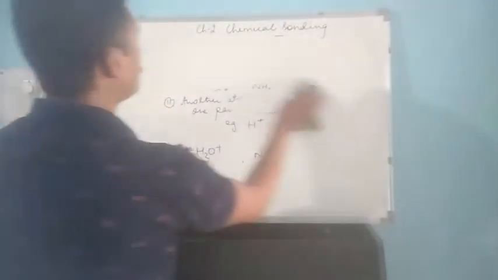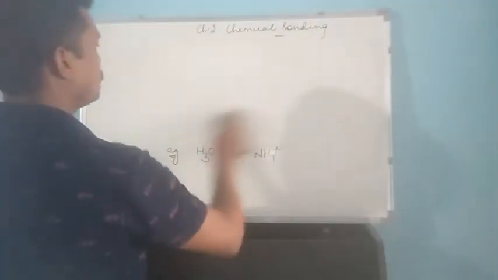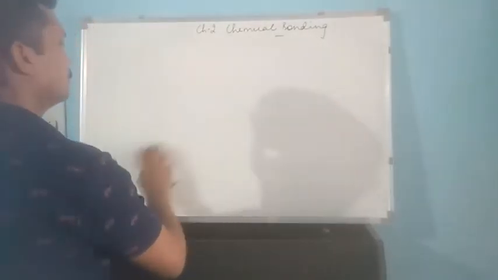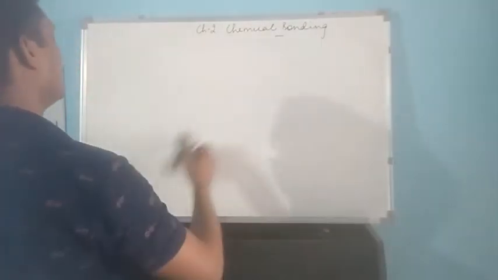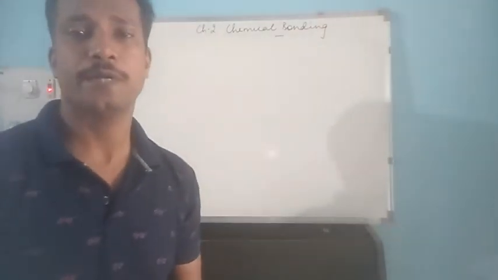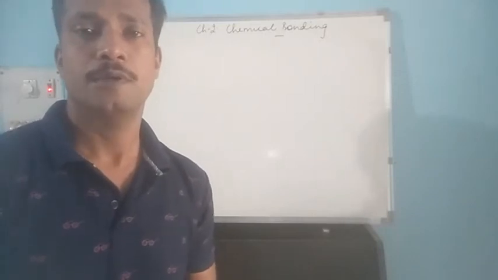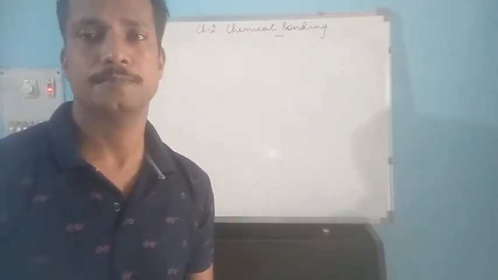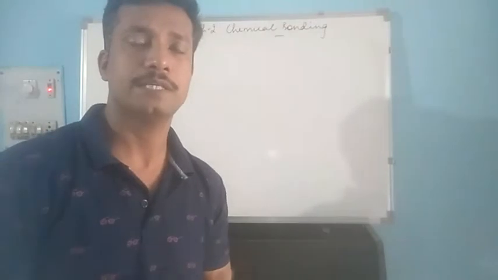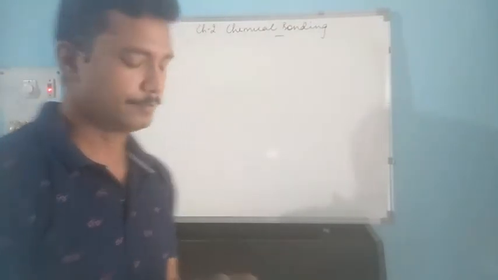So first of all, you should know where has this hydronium ion come from, and ammonium ion, how can it form? So hydronium ion can be obtained in an aqueous solution when acid dissolves in it. Due to the ionization of acid in water, it forms hydronium ion.